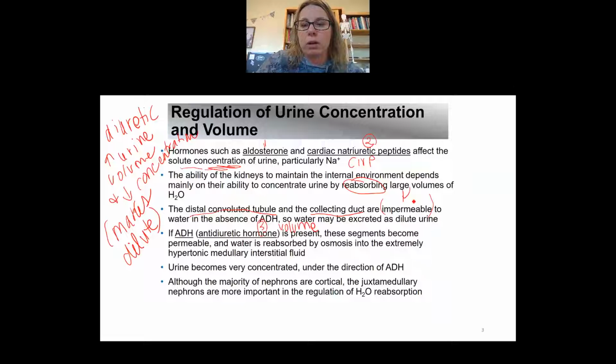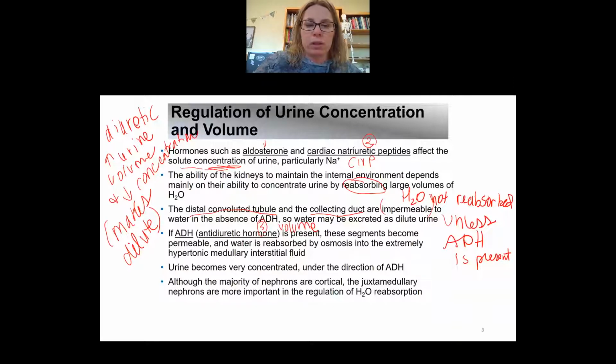So water is not reabsorbed in the distal tubule or the collecting duct unless ADH is present. Now, ADH is an antidiuretic hormone. A diuretic increases the volume and makes urine very dilute.